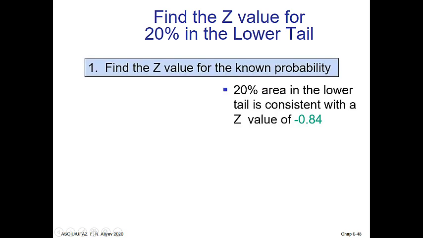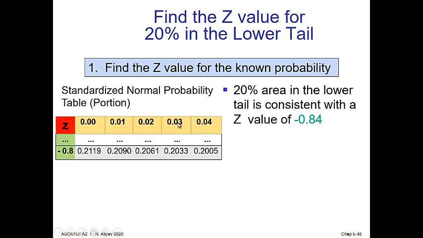First, for 20% area, if you want to find the z value, we turn 20% to the probability. It's 0.2000. From inside of the table, we must find the probability which is very, very close to 0.2000.